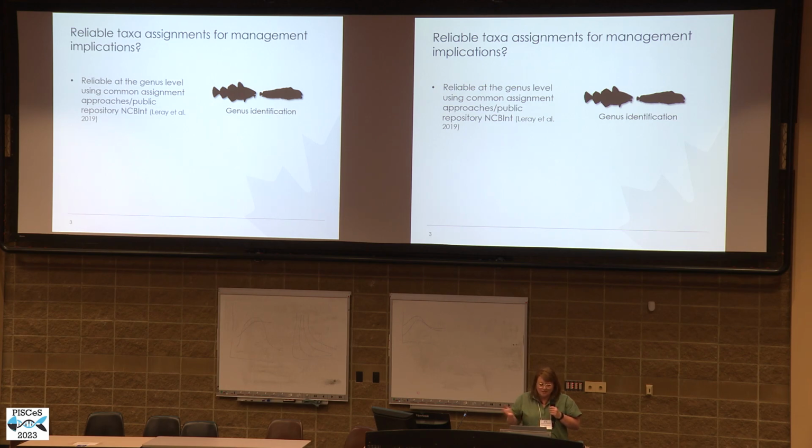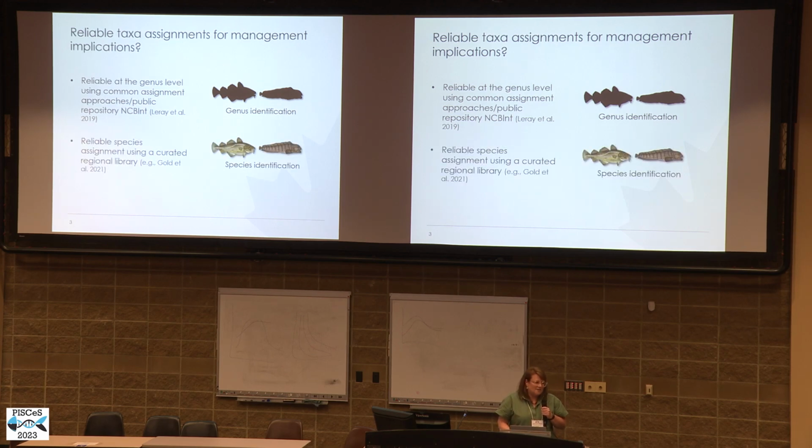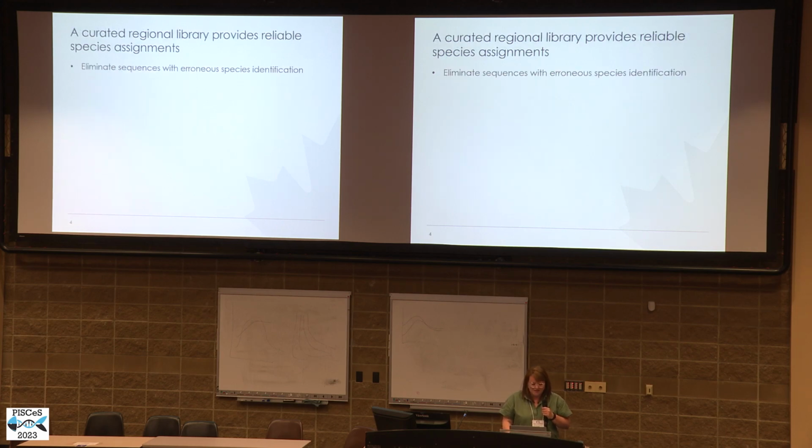At least at the genus level, we can provide reliable assignments, as shown in previous studies, using NCBI NT. And using a reference library, as others said in previous talks, can also achieve reliable species assignments. How does that happen exactly? It's by getting all the sequences for the species you know are present in an area.